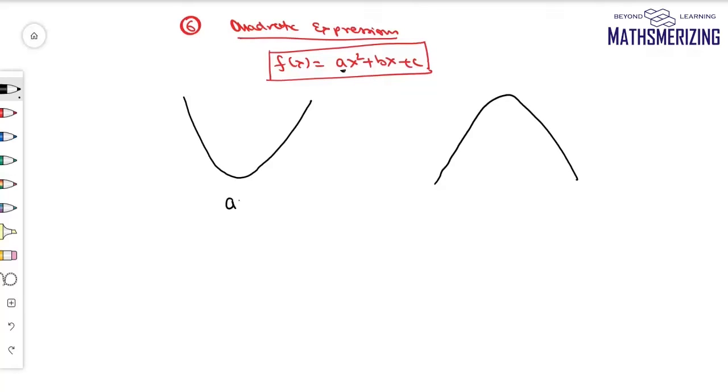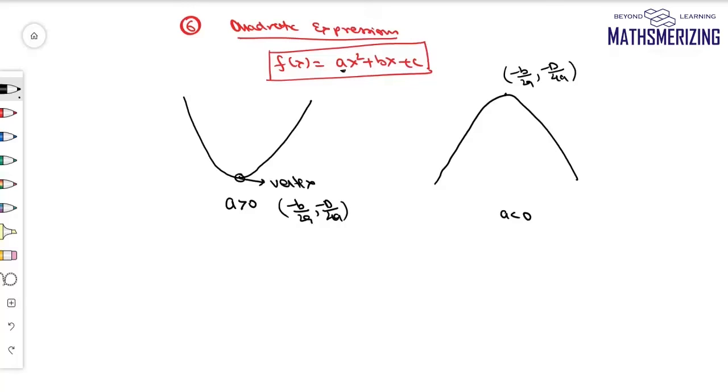If a is greater than 0, it is parabola opening upwards, and if a is less than 0, it is parabola opening downwards. In both cases, this point is called the vertex of parabola. Vertex is given by minus b upon 2a and minus D upon 4a. Here also it is given by minus b upon 2a and minus D upon 4a.